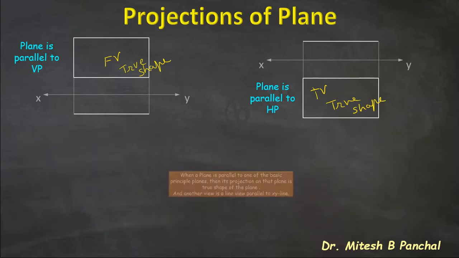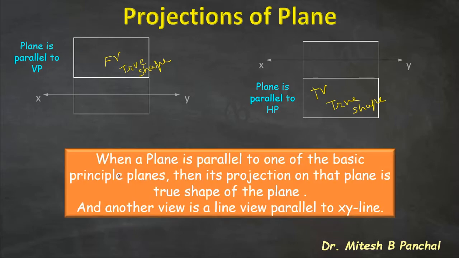So the general answer, we can say that when a plane is parallel to one of the basic principal planes, means either parallel to HP or parallel to VP, then its projection on that plane gives the true shape. Suppose the plane is parallel to HP, then its projection on HP, that means top view, will give you the true shape.